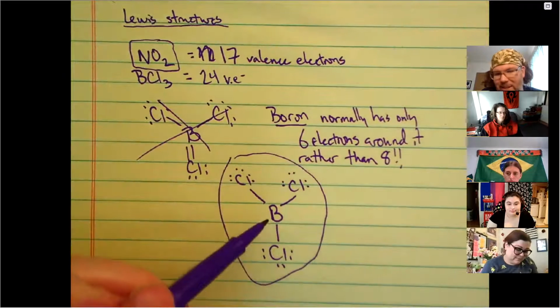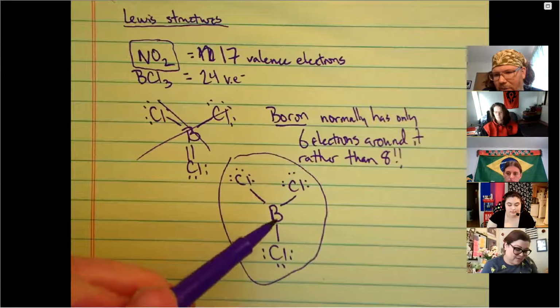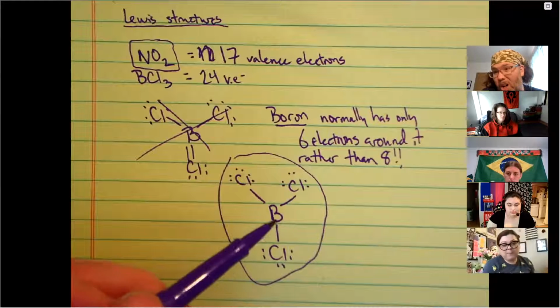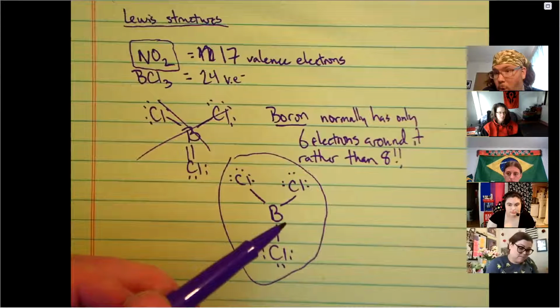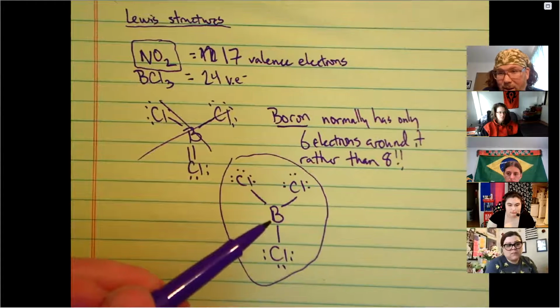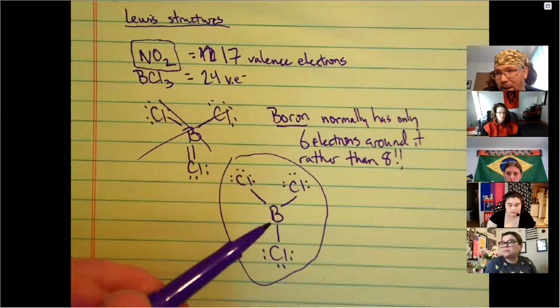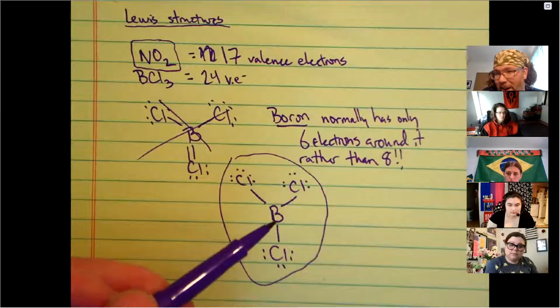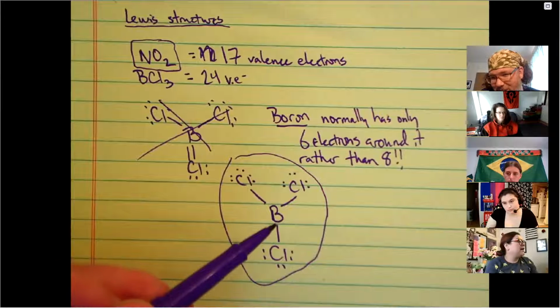So when boron is like this with 6 electrons around it, it's not very happy. And the reason why is because all atoms naturally want to work towards some kind of an octet. So boron is short of an octet here, so it's not very happy that way. If you give boron an octet, there's another reason that we don't talk about in this class that makes boron unhappy when it has an octet too.